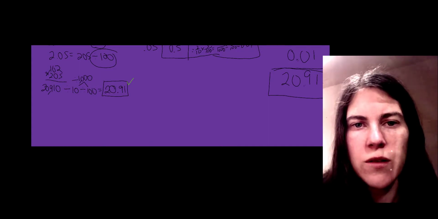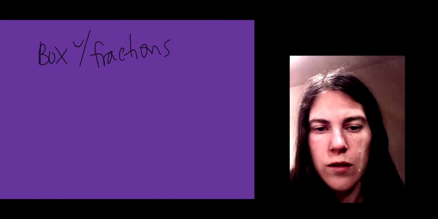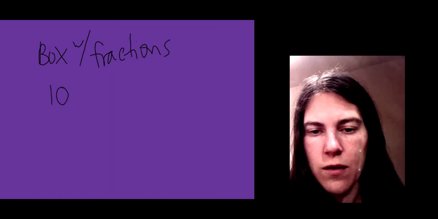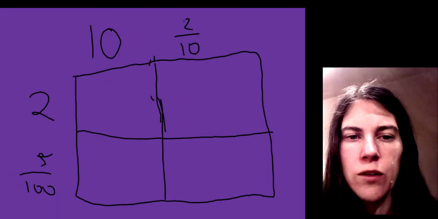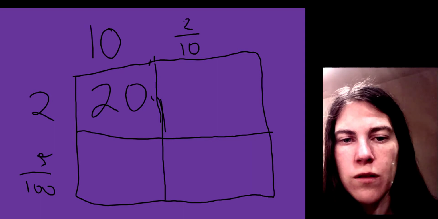Now we can also do the box method with fractions. So we're starting with 10 and 2 tenths times 2 and 5/100ths. So 10 times 2 is 20. 10 wholes times 5 hundredths.